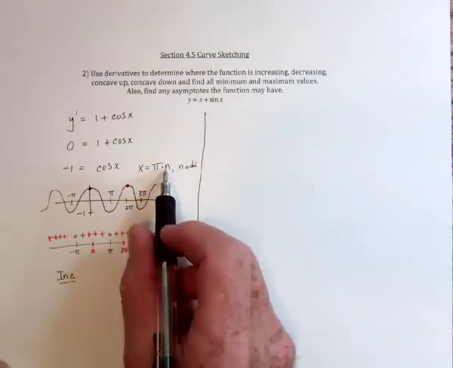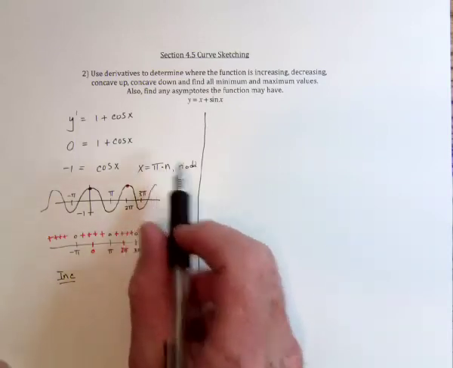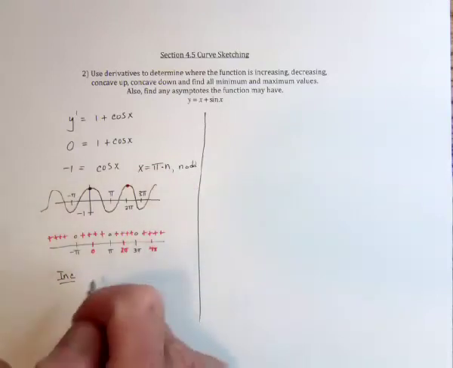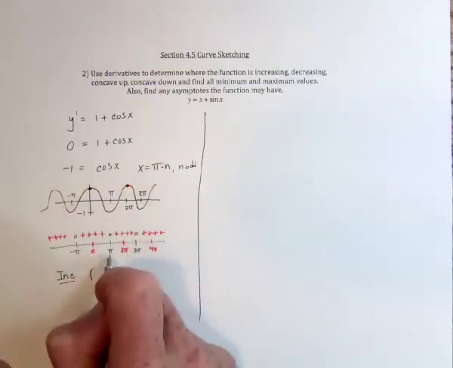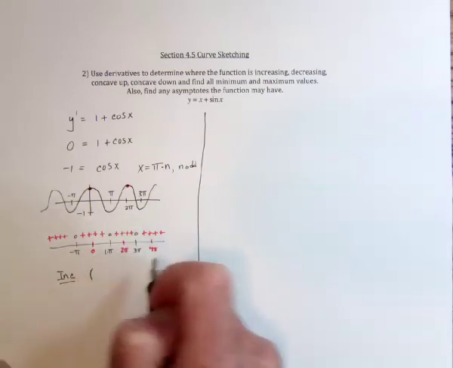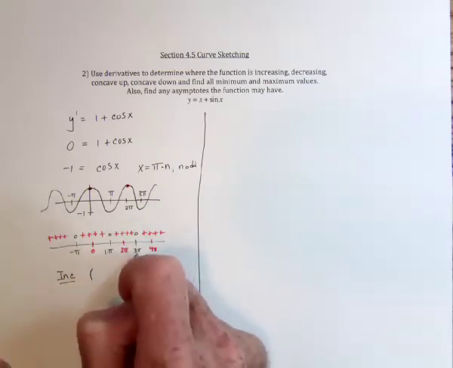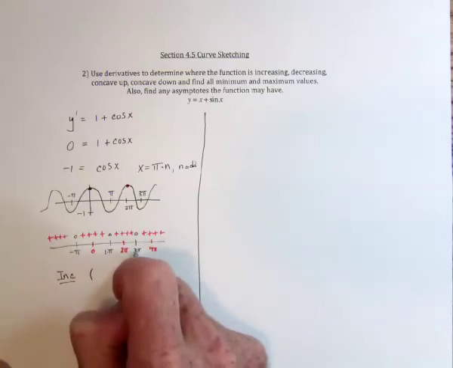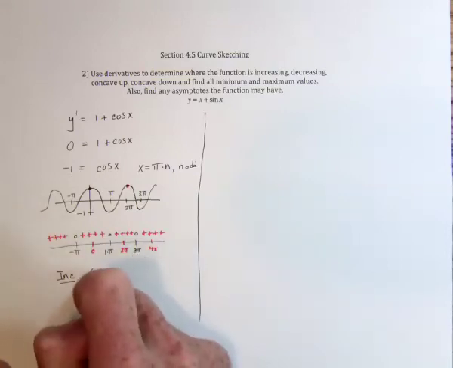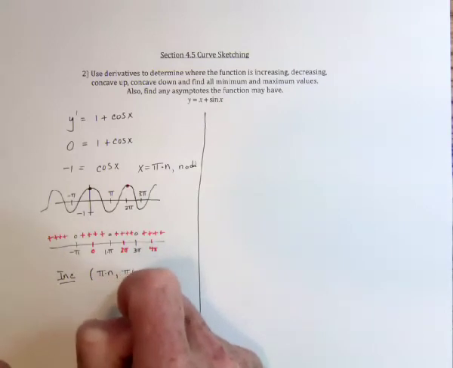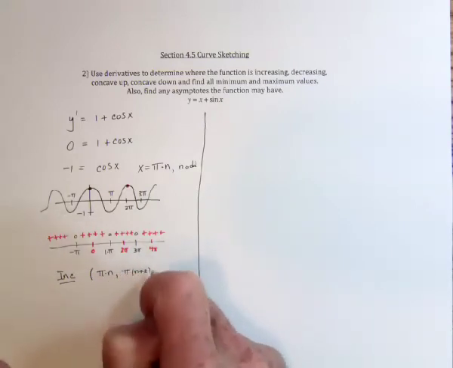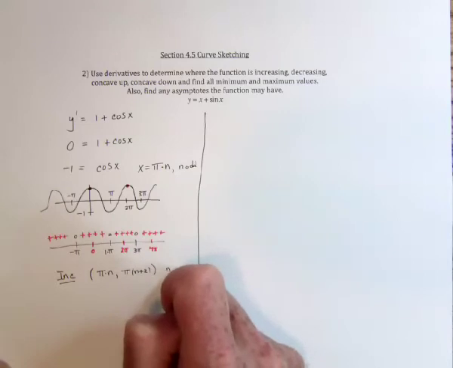So we've got these n pi's, and then if you go to the next one, so I could say from this, which is 1 pi, to the next one, which is that number plus 2. So from pi times n to pi times n plus 2, where n is odd.